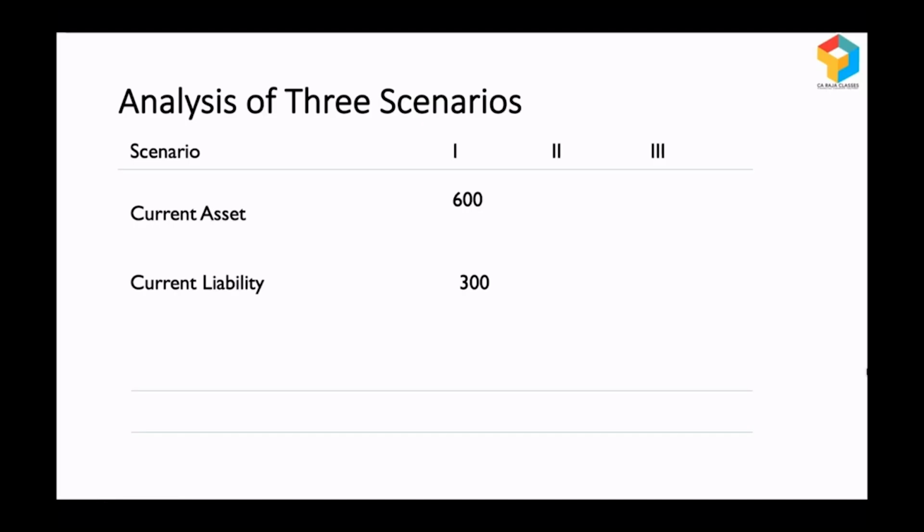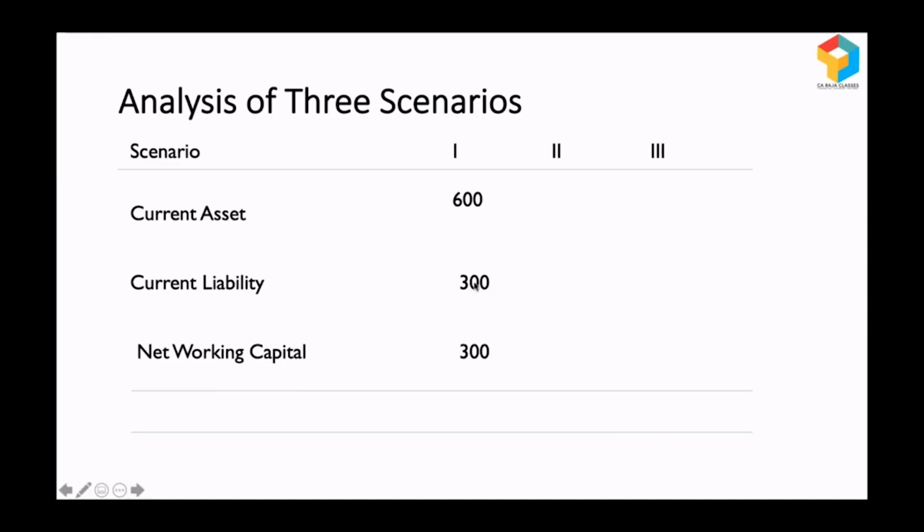It means they are having a comfort of remaining 300, so I call that as net working capital. So how I derive this net working capital? It is very simple. Current asset minus current liability gave me net working capital, and these net working capital are nothing but the long-term funds. So what we can infer is this long-term fund of 300 and short-term fund of 300 is used for creating short-term asset of 600.